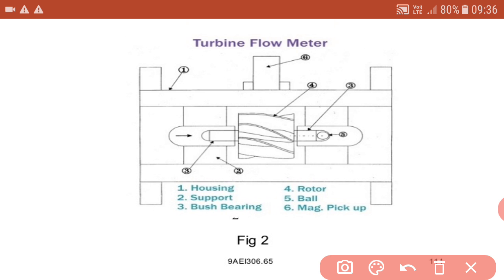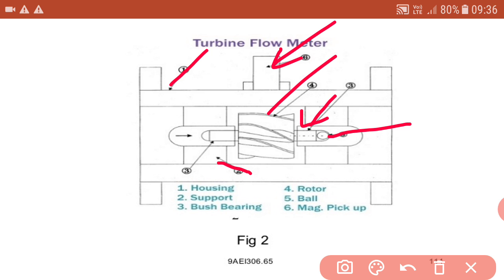So this one is the housing, then 2 is the support. 3 is the bush bearing; here we can see the bushing type bearing. The 4th one is the rotor, which we can see in the center. The 5th one is the ball, and 6 is the magnetic pickup.